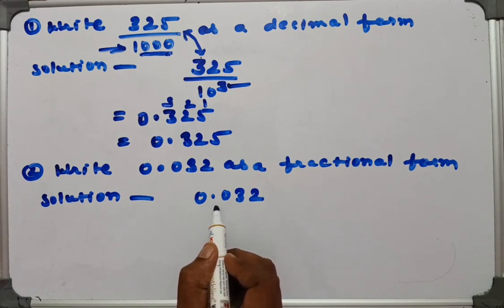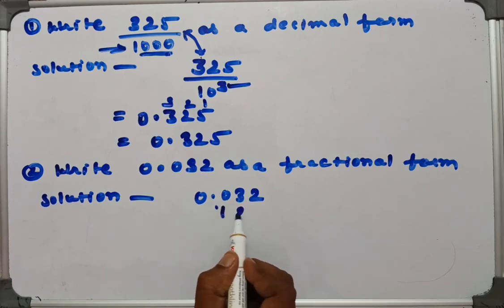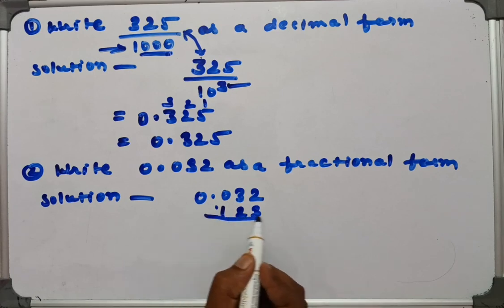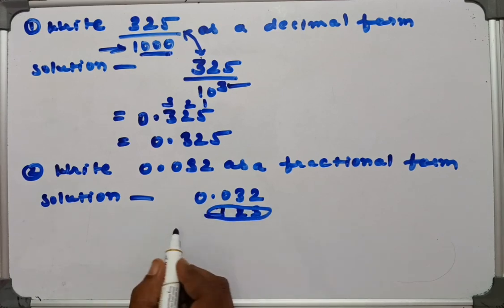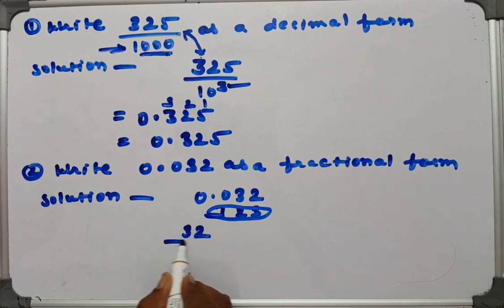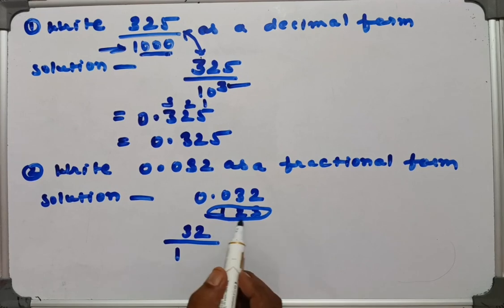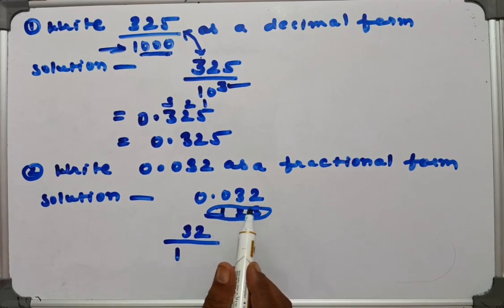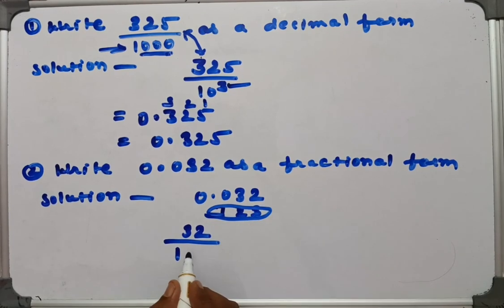There are 3 decimal places: first, second and third. So the solution will be: we write 32, then put 1, and how many decimal places? 3. So we put 3 zeros.